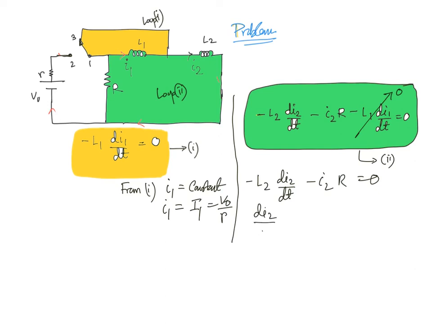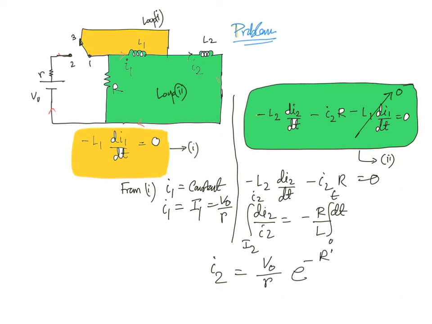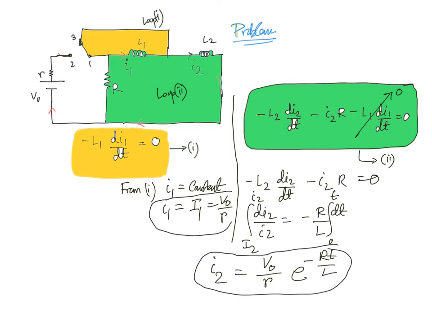So dI2 by I2 is equal to minus R dt by L. So integrating I2 from capital I2 at 0 to t, I2 will be capital I2, which is V0 by R, e to the power minus Rt by L. So these are the values of the currents at time t.